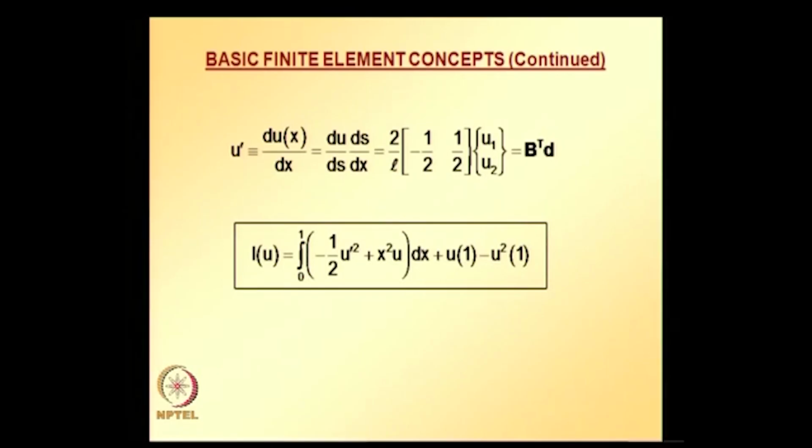And now you can plug in all this information into the equivalent functional, and this is how it looks. As I mentioned in the points that I showed you related to the finite element method, we will develop the equation system for a typical element.